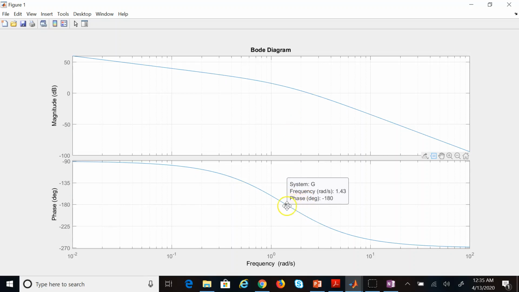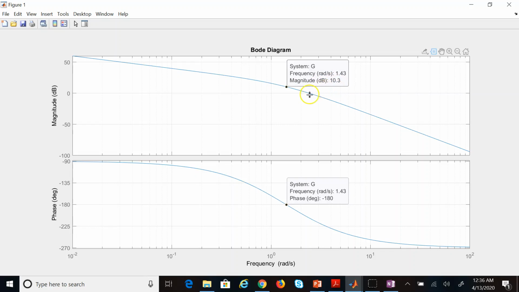Well, look, this is the frequency at which phase is 180. If I use that and go to the magnitude plot, what is my decibel? 10.3. And negative of that is gain margin. So what is the gain margin of the gain modified system only? Negative 10.3. Negative gain margin means what? The system is not stable.